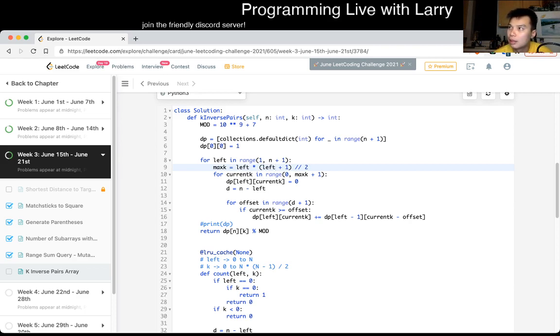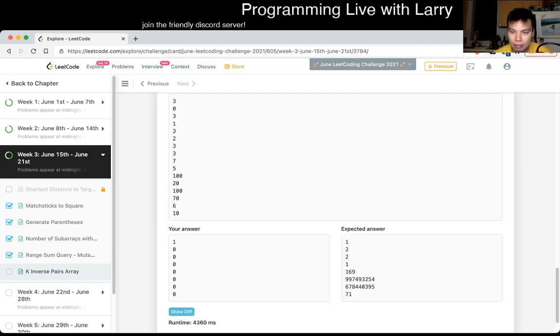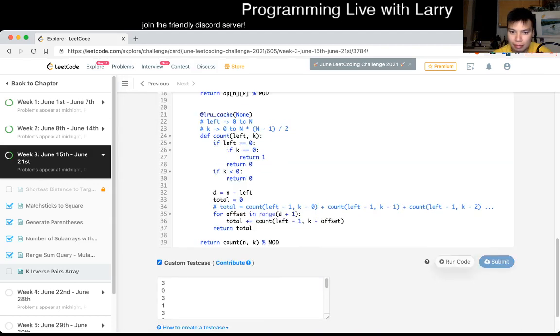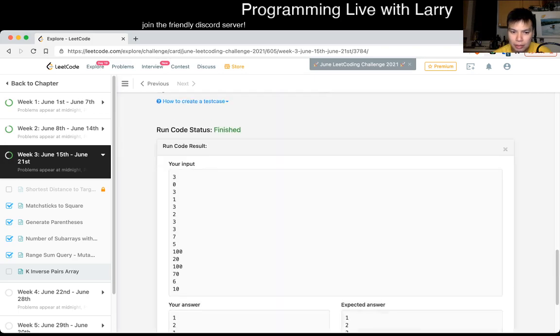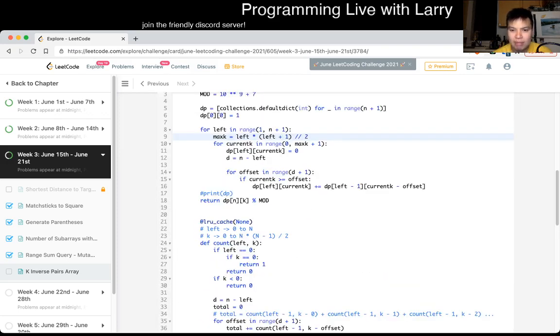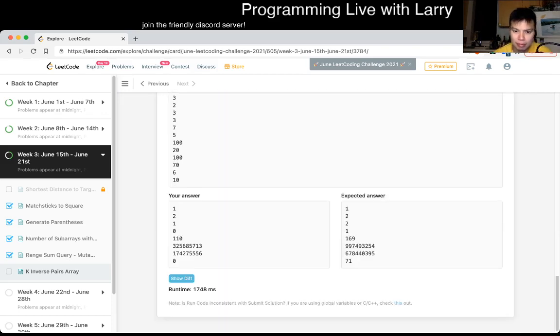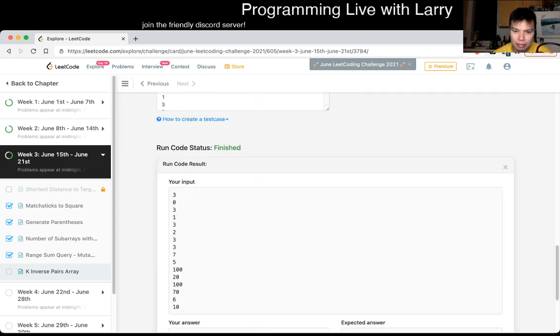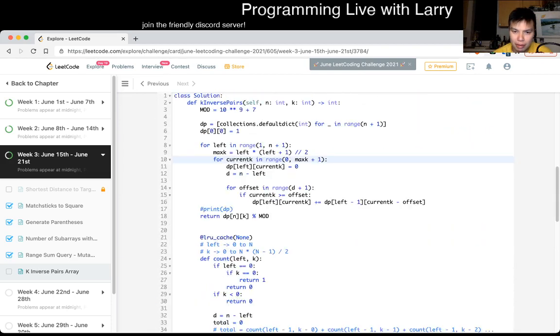But alas, it is not, and I don't know why this is wrong. It still should be right. I don't know why this is so wrong. Why?